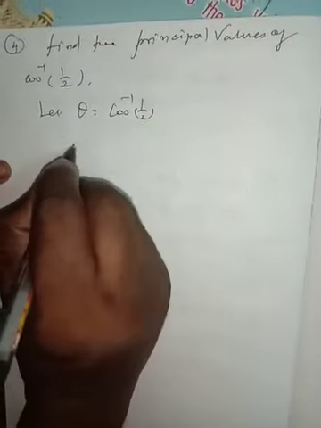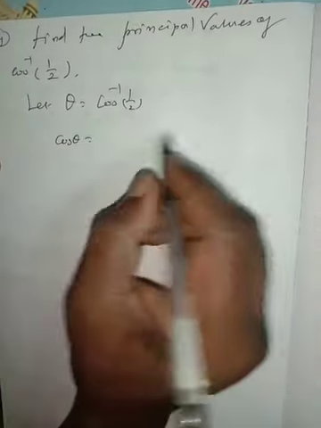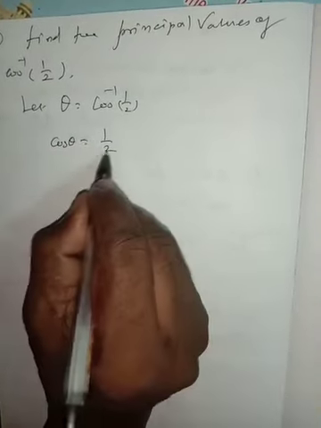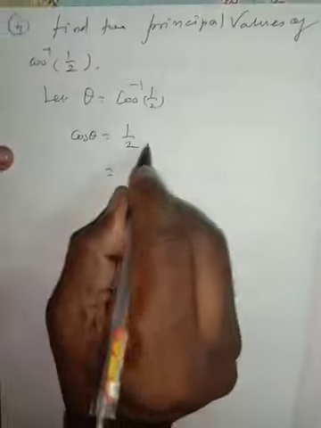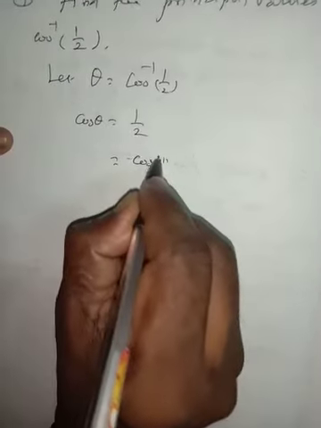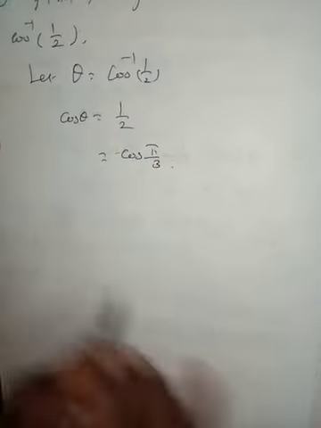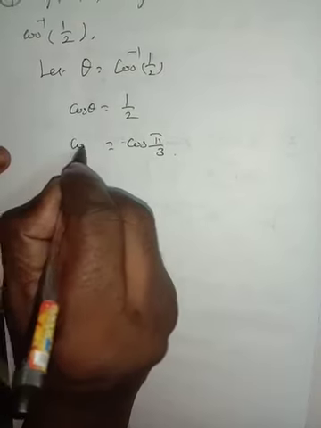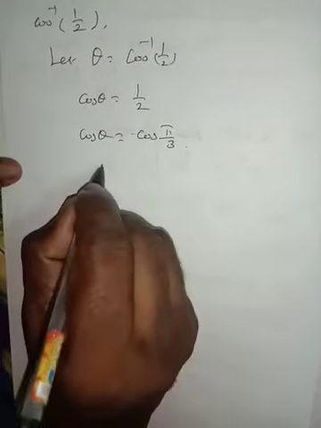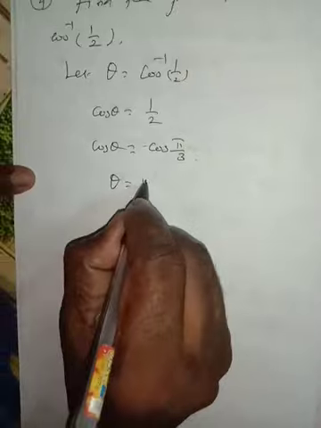Now cos theta is equal to 1 by 2. 1 by 2 in terms of cos column is cos pi by 3. Now cos theta is equal to cos pi by 3. Theta is equal to pi by 3.